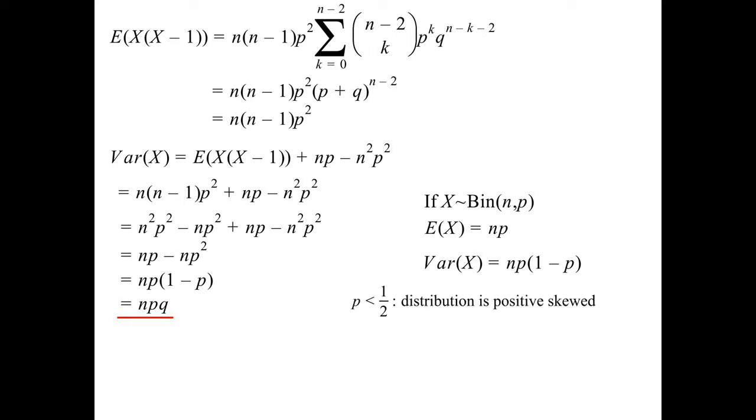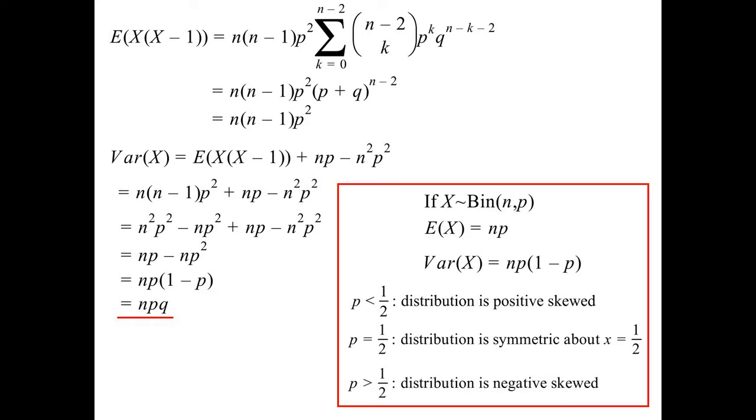Here's the interesting thing with a binomial distribution. It's a lovely distribution. If the probability of success is less than a half, you will end up with a distribution that is positive skewed. If it's equal to a half, then you'll get a lovely symmetric distribution. And if it's greater than a half, you'll get one that's negative skewed.